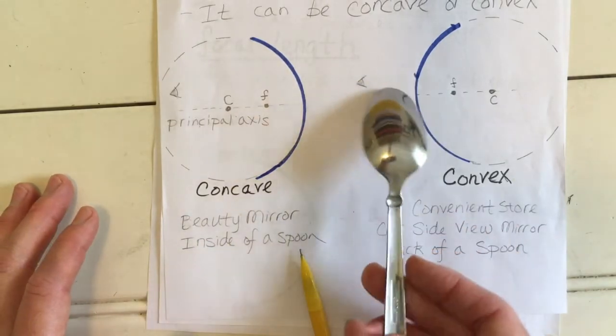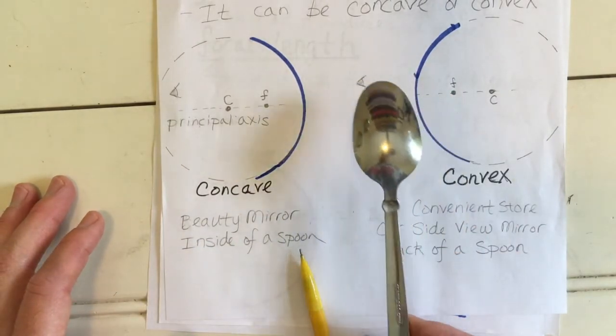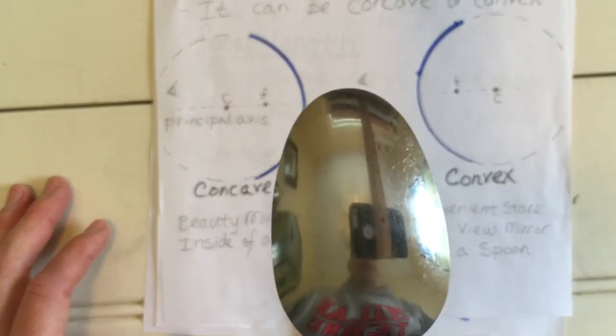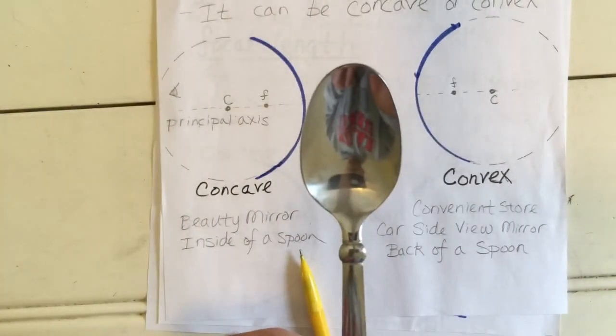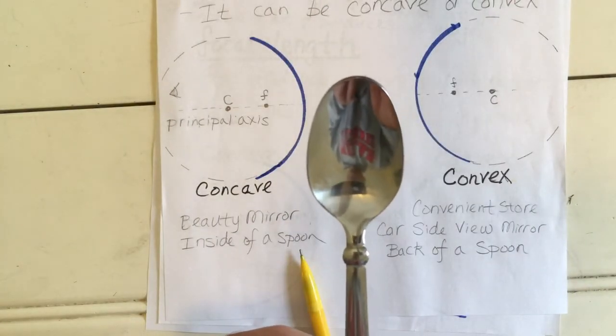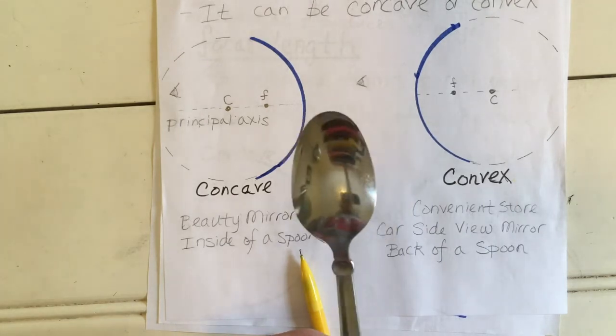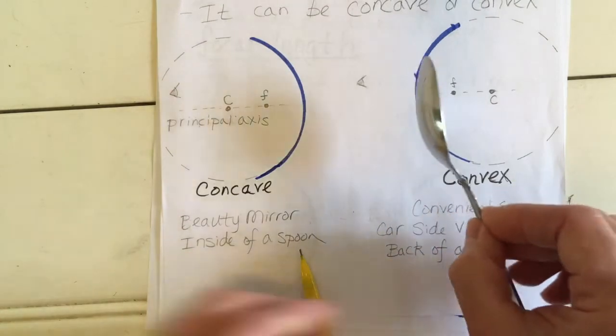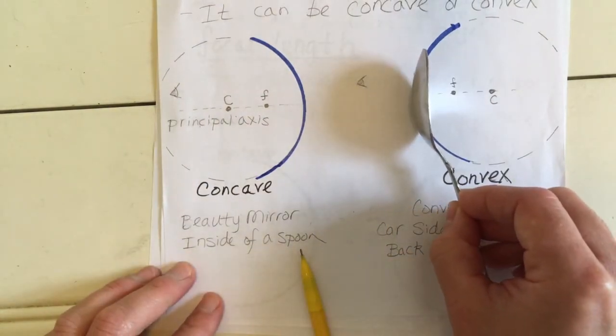All right. So a convex mirror would be this side, right? And notice I am upright already, right? I'm looking down at you, and I am already right side up. Whereas the other way, I was upside down. We're going to talk about why that is. So anyways, this is convex, like I'm looking at the outside of the sphere, right?